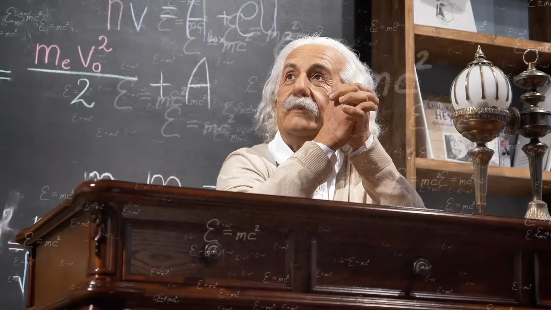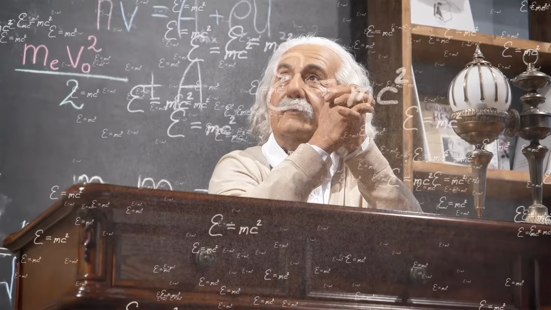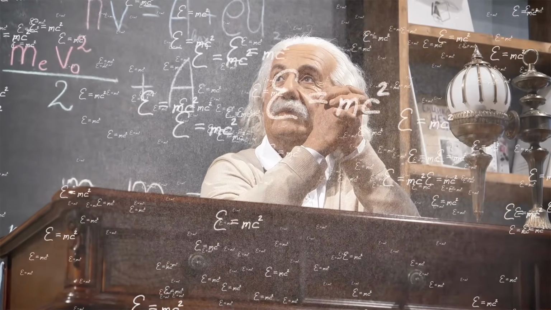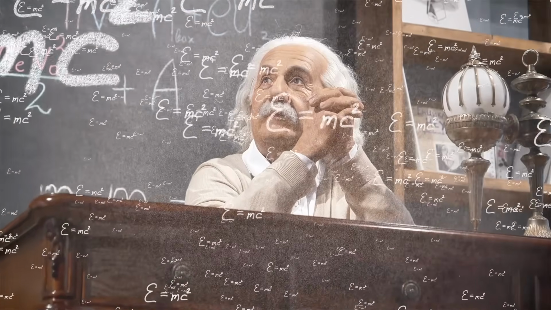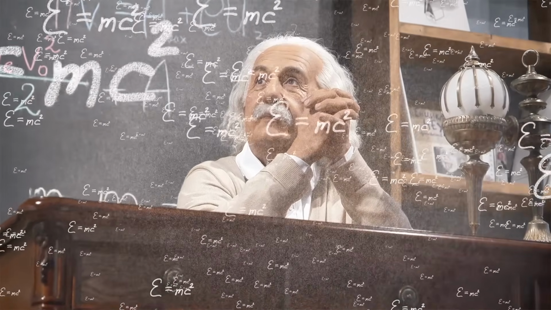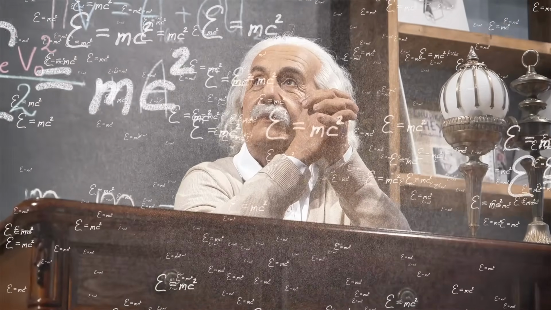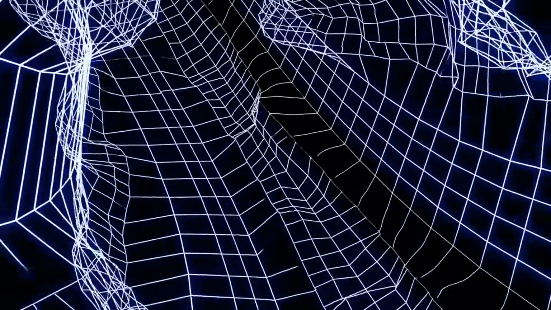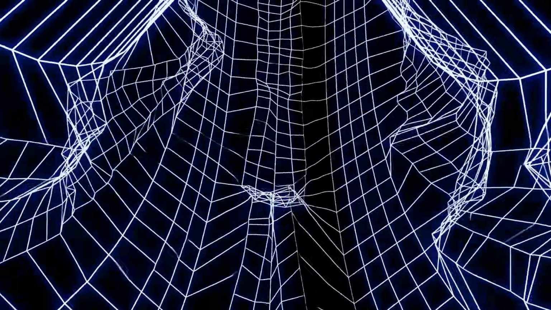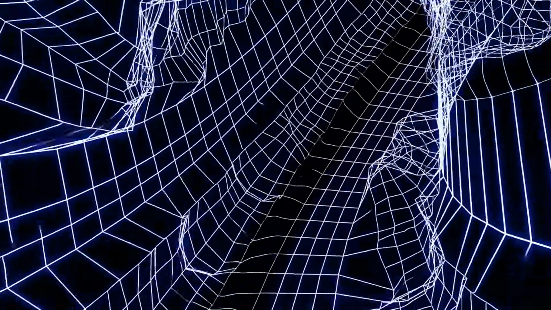General relativity, developed by Albert Einstein, provides the framework for these models. It describes gravity as the curvature of space-time, a four-dimensional grid of coordinates. In a black hole, this curvature becomes extreme, creating a region where normal physics breaks down.